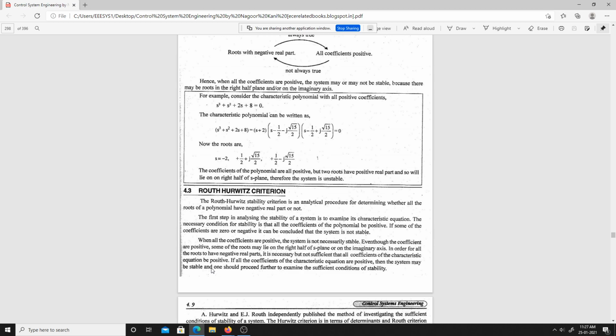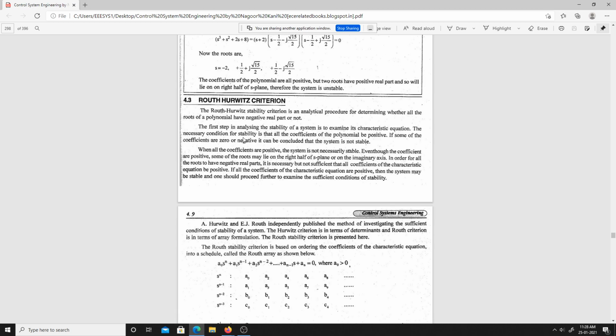So in order for all the roots to have negative real parts, it is necessary but not sufficient that all coefficients of the characteristic equation be positive. The system may be stable, and one should proceed further to examine the sufficient conditions for stability.